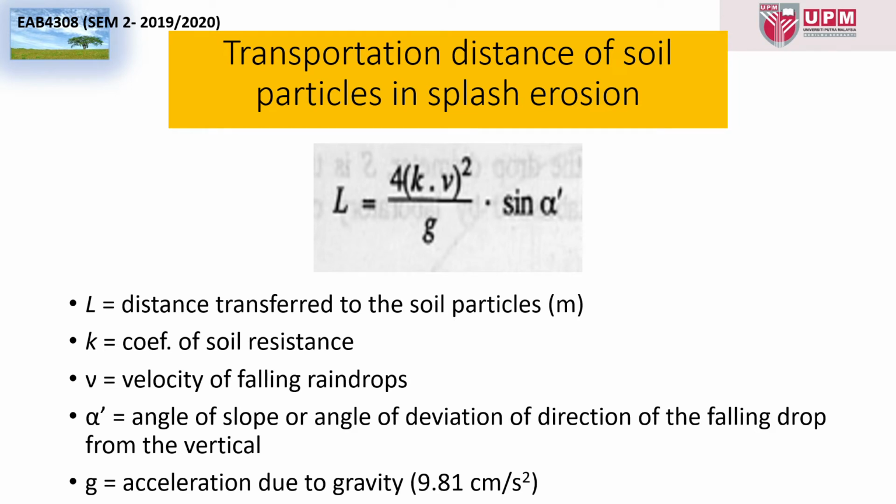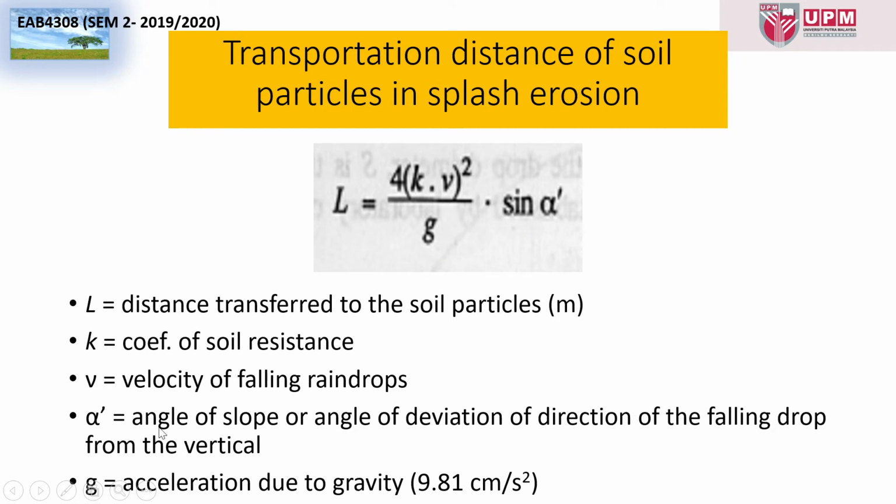This is the formula to calculate the distance of soil particles in splash erosion, how far the soil can travel. According to this formula, 4 times k, the coefficient of resistance, multiplied by the velocity of falling raindrops to the power of 2, divided by gravity acceleration, and then multiply this part with sine alpha.